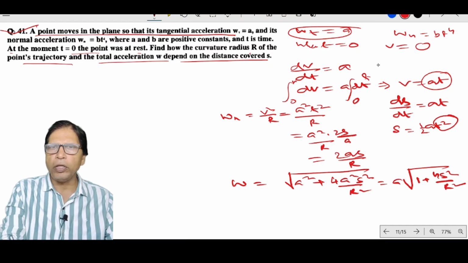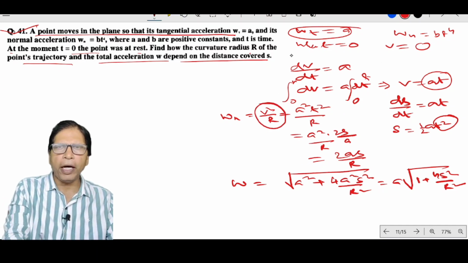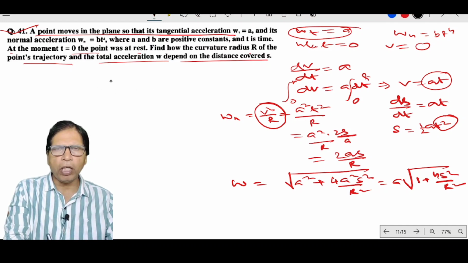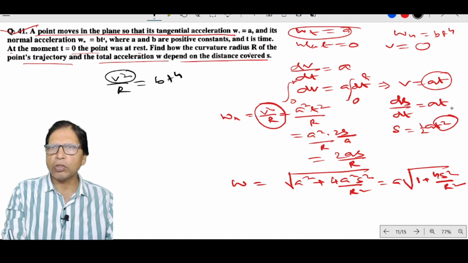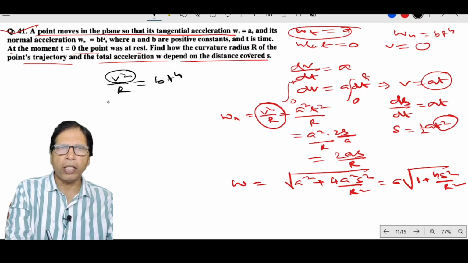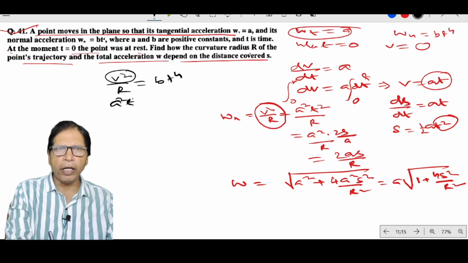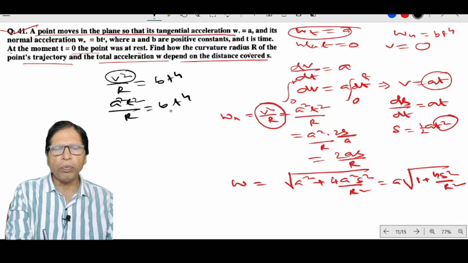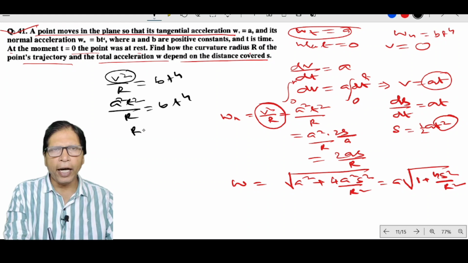Now we have to calculate the radius of curvature. Here v square by r is equal to b t to the power 4. Now what is v square? v square is equal to a square t square. So a square t square by r equals b t to the power 4. So r is equal to a square by b into t square.